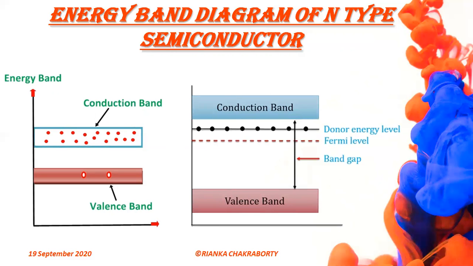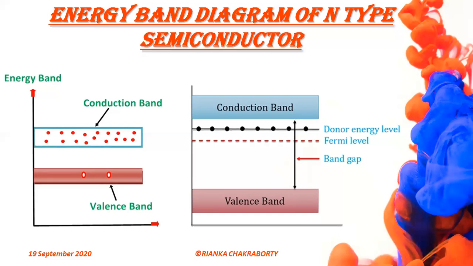When donor impurities are added to a semiconductor, an allowable energy level corresponding to the loosely bound valence electron is introduced in the forbidden gap just below the conduction band. Since the impurity atoms are located far apart in the crystal, their interaction is negligible.